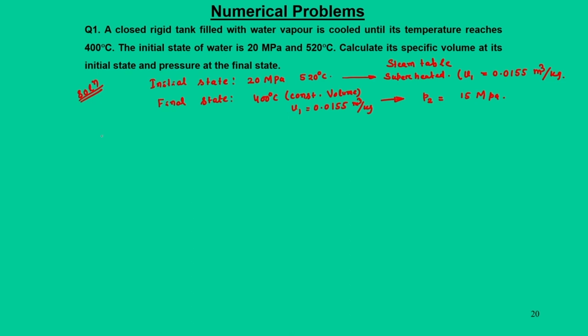For water, if you refer to any thermodynamic data book, we can find the critical pressure Pc is 22.09 megapascal and the critical temperature Tc is 647.3 Kelvin. Now we have to find the reduced parameters.